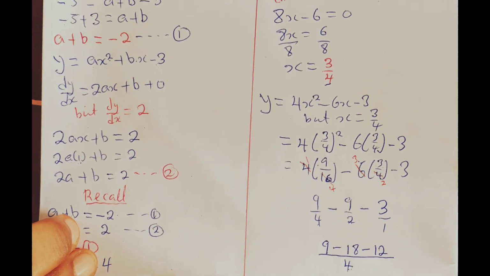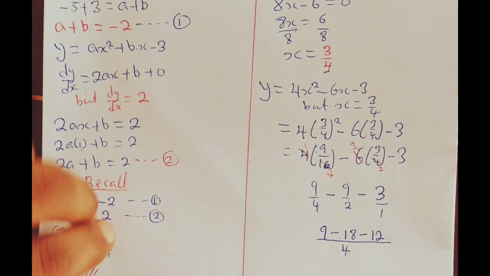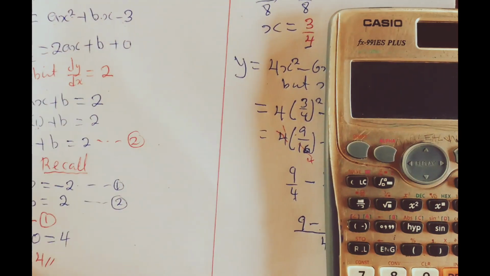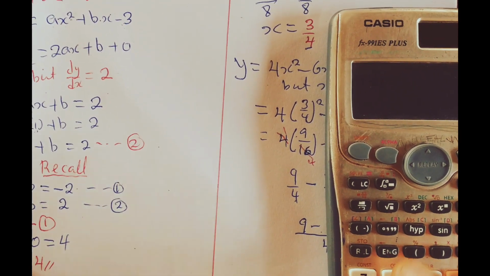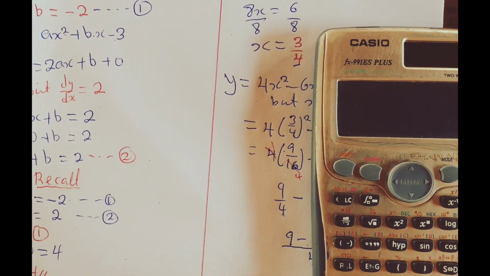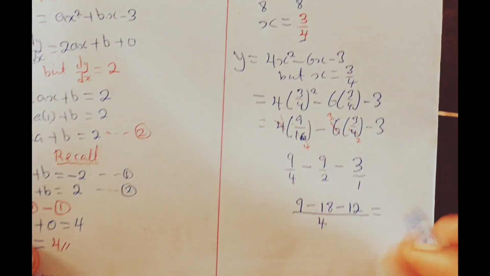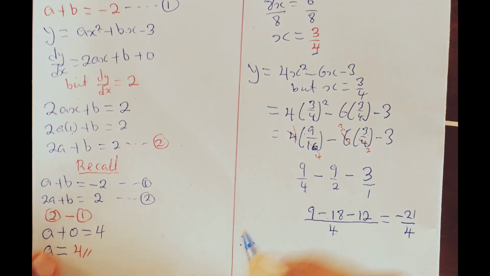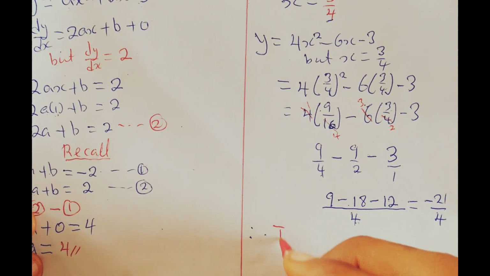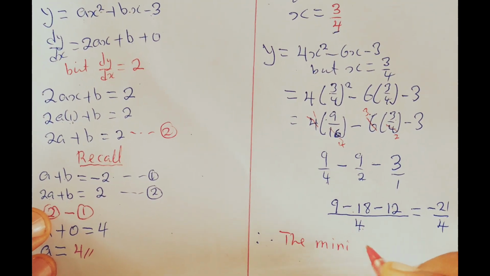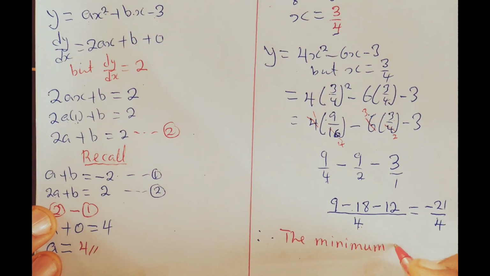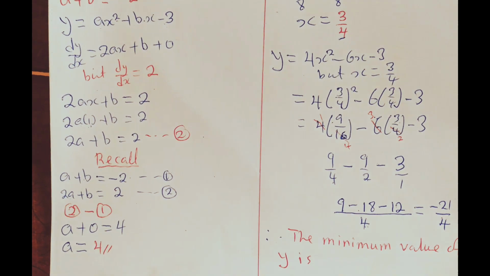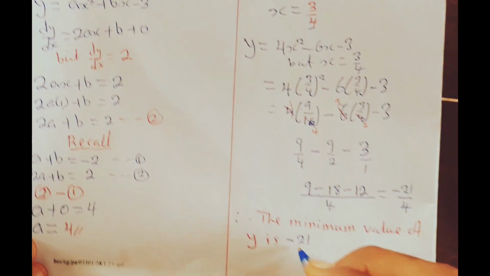So my work now is to do 9 minus 18 minus 12, is giving minus 21, which is minus 21 out of 4. Therefore, the minimum value of y is negative 21 out of 4.